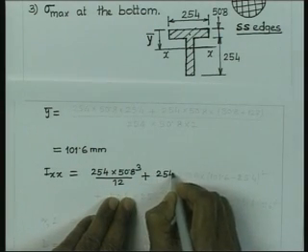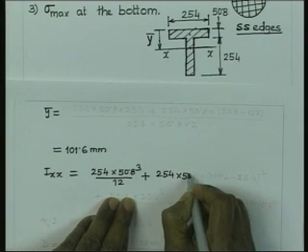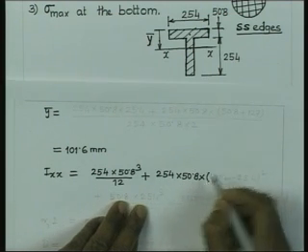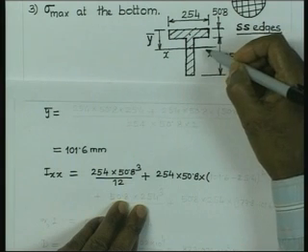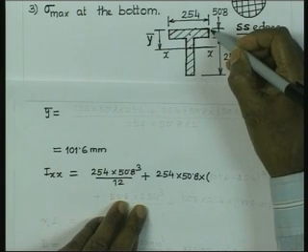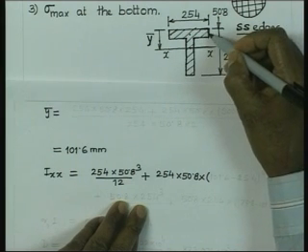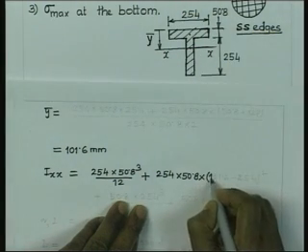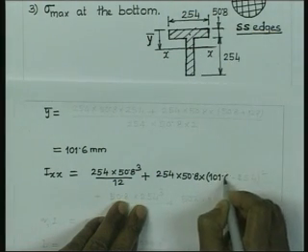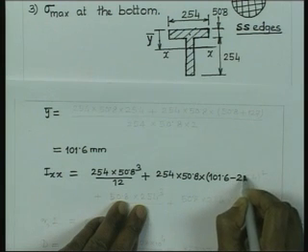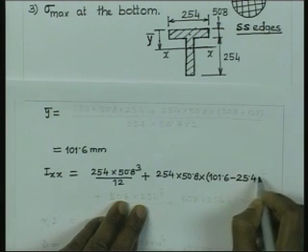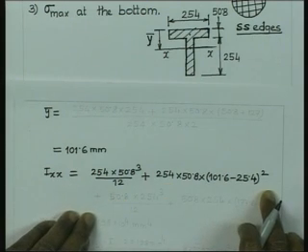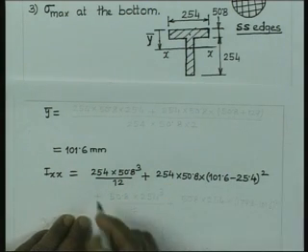So, it is 254 multiplied by 50.8 multiplied by the distance, which is 101.6 minus 50.8 by 2, that is 25.4, the distance between the two CGs. This is the contribution of the parallel axis theorem.